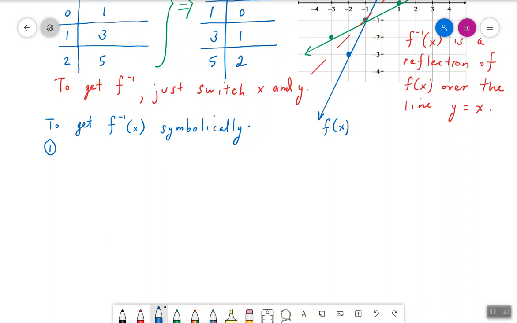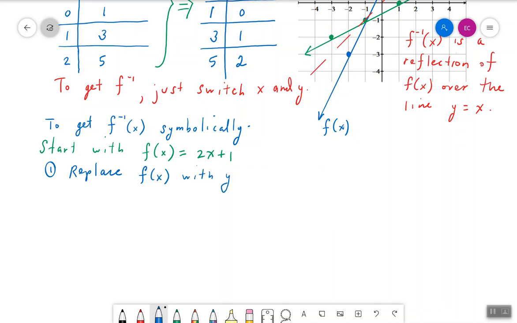So we're starting with f of x equals 2x plus 1. And then the first step is going to be to replace f of x with y. And so we'll write y equals 2x plus 1.